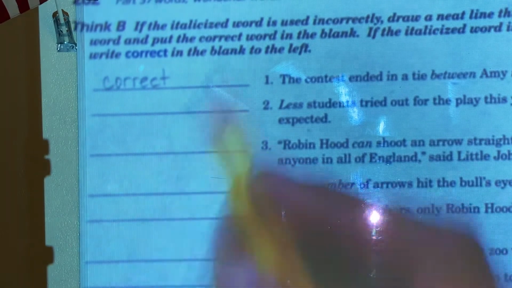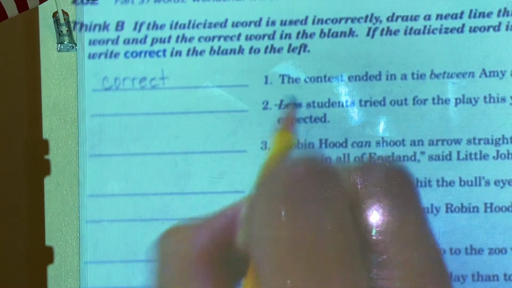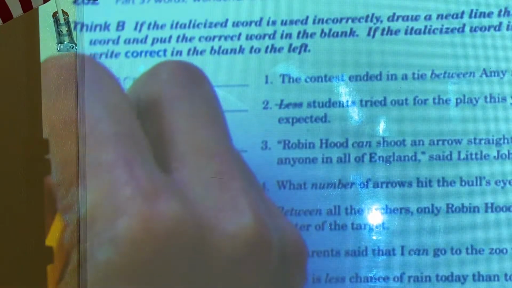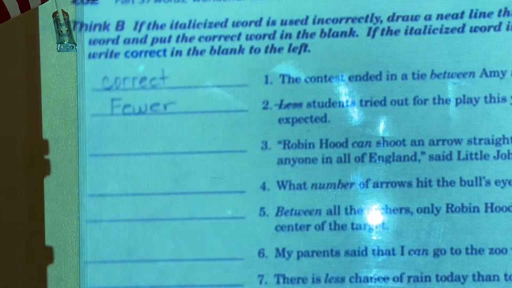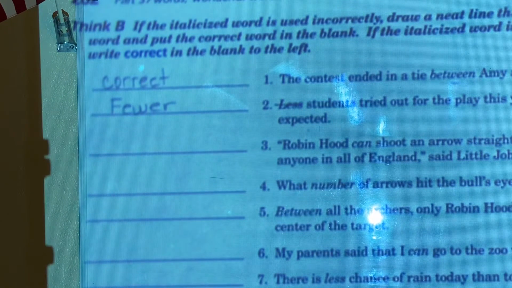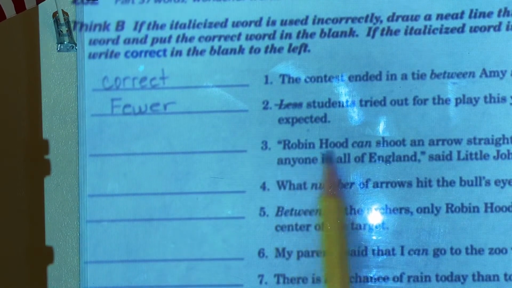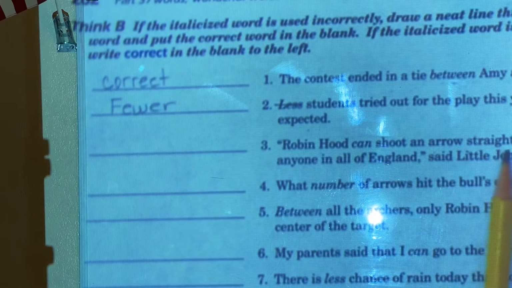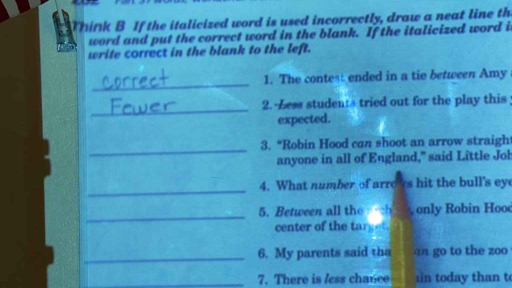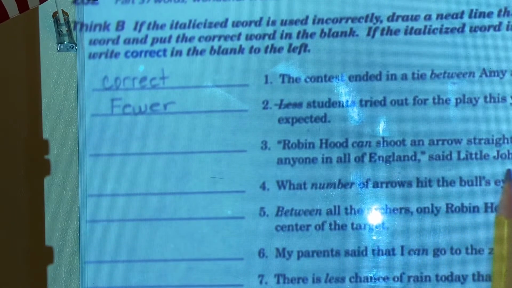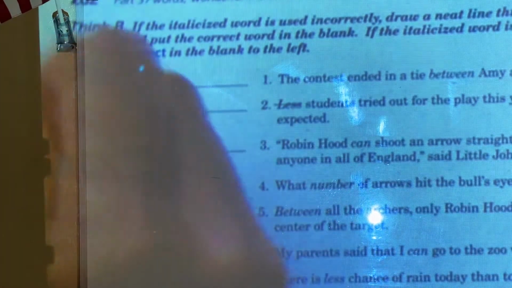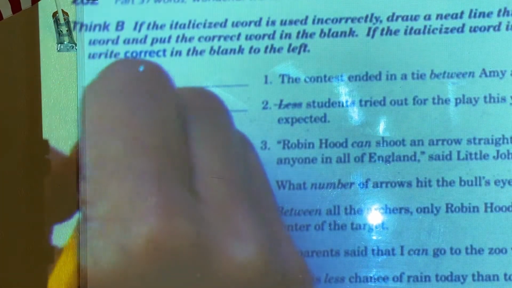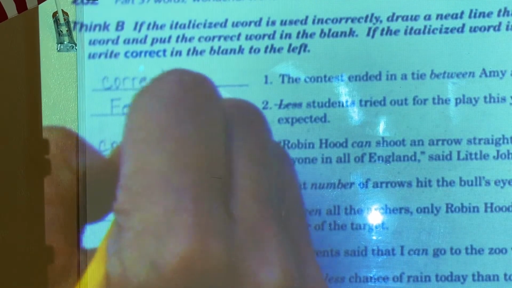So in this case, the word less is not used correctly, so the correct word that we should use should be fewer. Okay? Number 3, Robin Hood can shoot an arrow straighter than anyone in all of England, said Little John. So for the word can, this is used the correct way, so we will write correct.